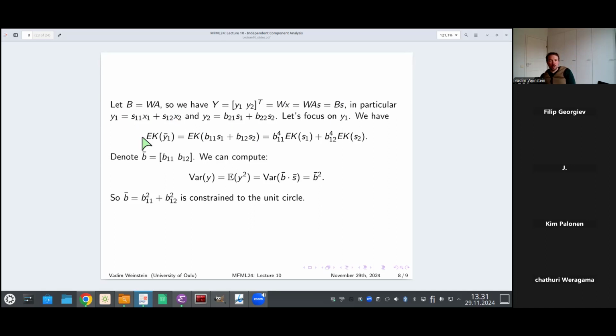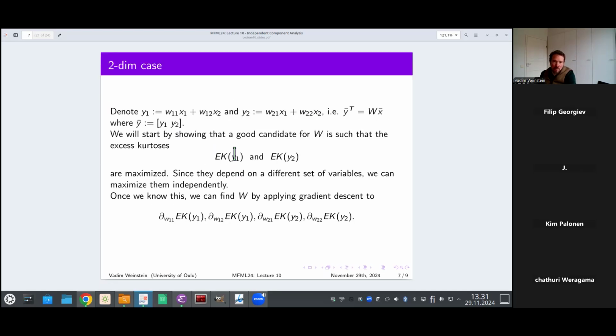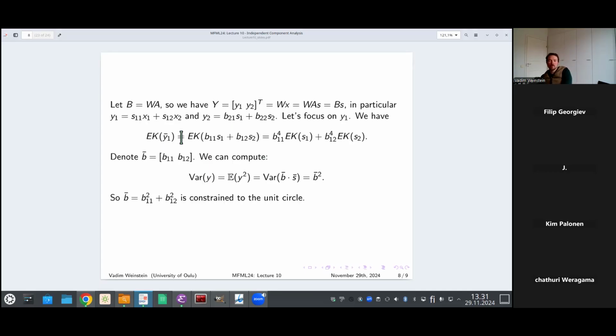So the excess kurtosis of Y1, which I just told you that we have to maximize. What is it? Well, we open it up like this, and then we use this formula, which we saw a little bit earlier.